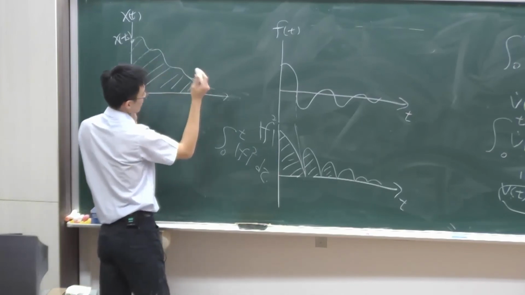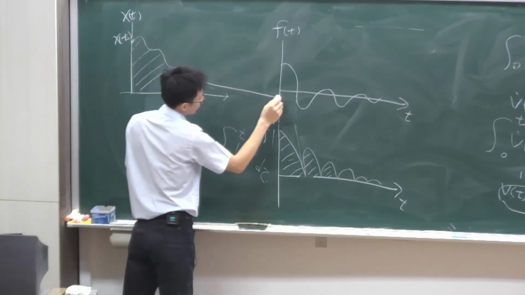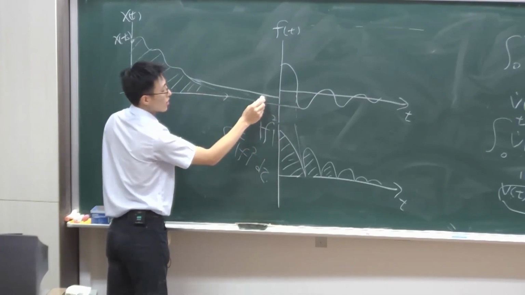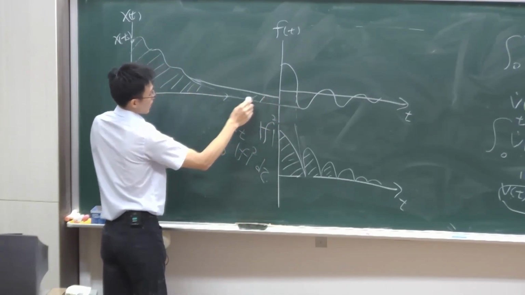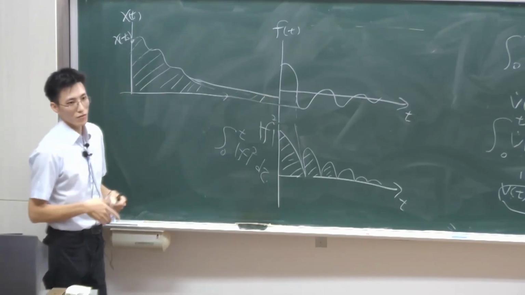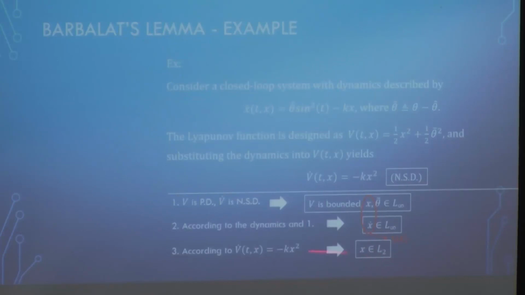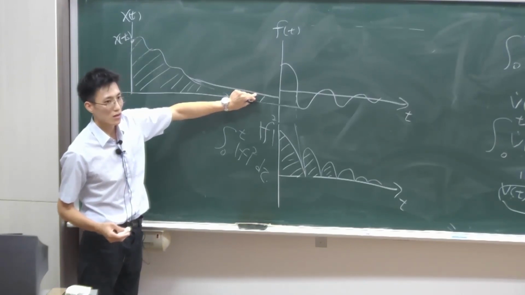Let me say again: if x doesn't converge to 0, it means you always have a gap, right? If you always have a gap, this area can go to infinity, which breaks this condition, right? In other words, you cannot have a gap as t goes to infinity, which means x goes to 0. Okay?